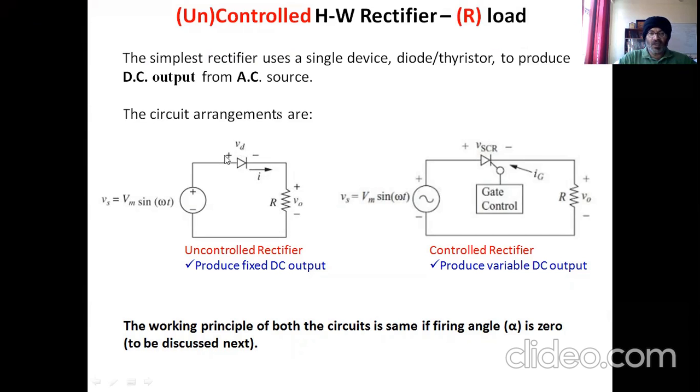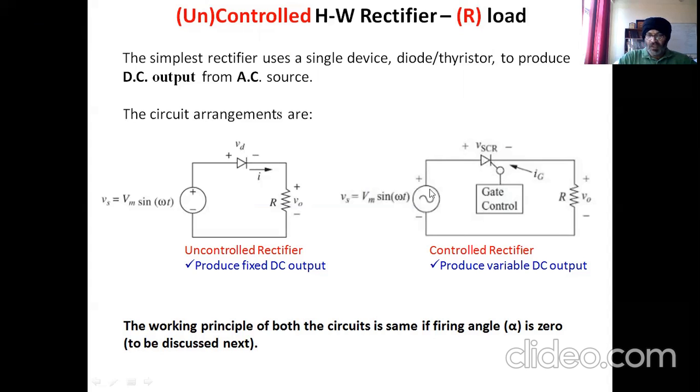As soon as the diode gets forward biased, it starts to conduct, so we cannot have any control. On the other hand, if we replace it with the SCR, additional circuitry is required to control the gate signals.